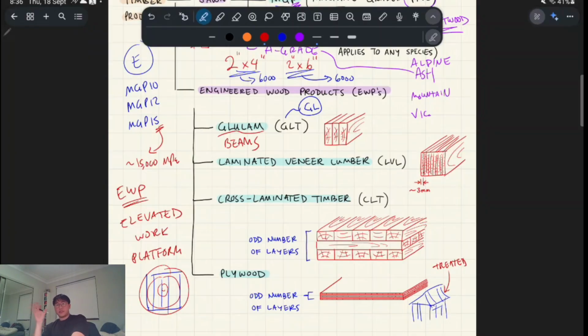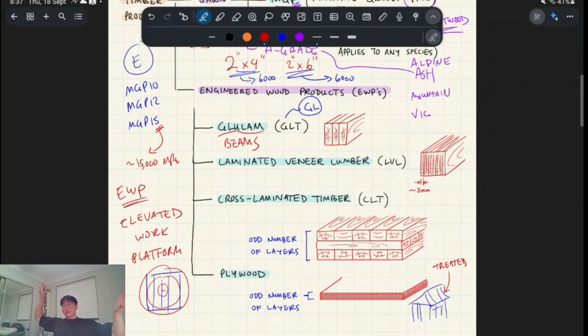So you'll see the timber is actually green or blue because it's been sprayed with insecticides or fungicides, so that if it rains, you're not going to get fungus that affects the durability of your timber frame. Anyway, that's very common in residential timber construction.